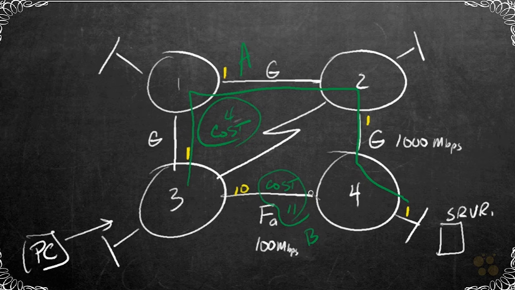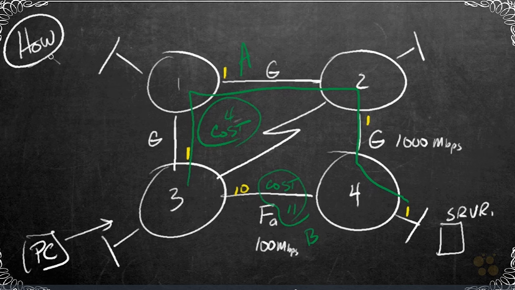And I've got a follow-up question for you. And the question is how? What do you mean, Keith, how? Well, how did R3, right here, how did he know that R2 on this interface had a cost of 1? And how did he know about R1 that on this interface had the cost of 1? And so forth and so on. And the answer is what?